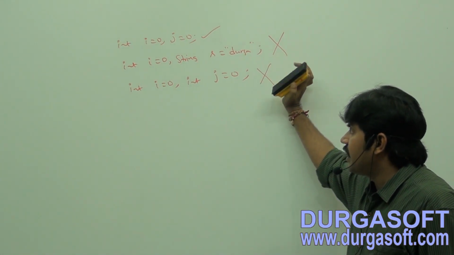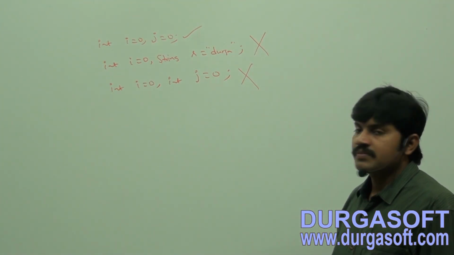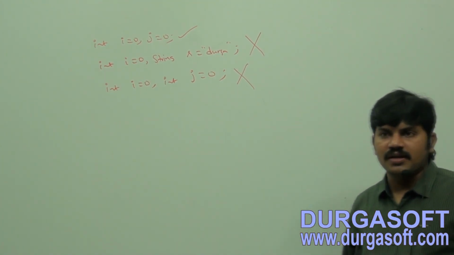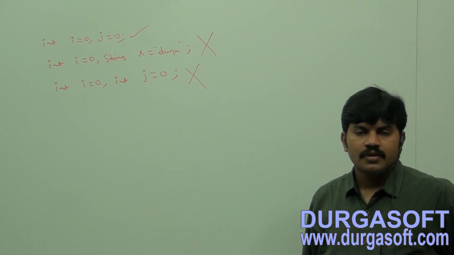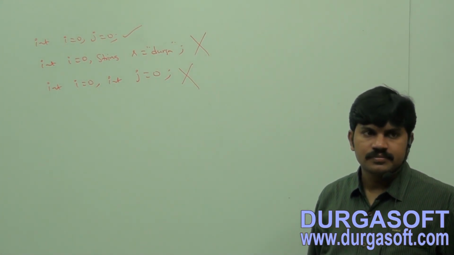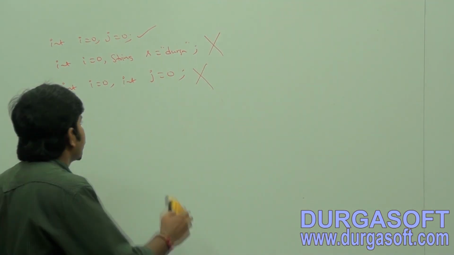So this one is invalid. The last one is also invalid. Completed, right? Okay, so make sure you people are aware.